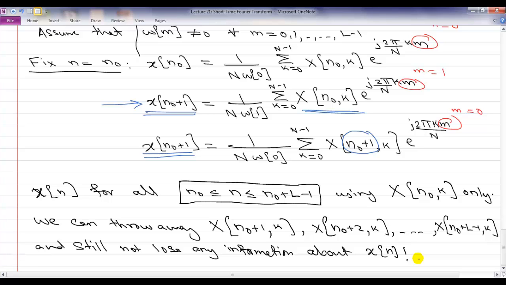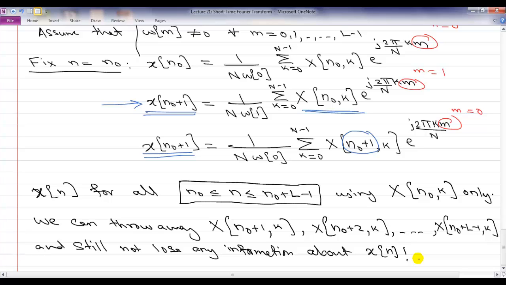So the short time Fourier transform, just like the discrete time Fourier transform, has enough redundancy for finite duration sequences that you can sample it in only some locations and still know everything there is to know about the sequence. Short time Fourier transform also has redundancy in the time domain.